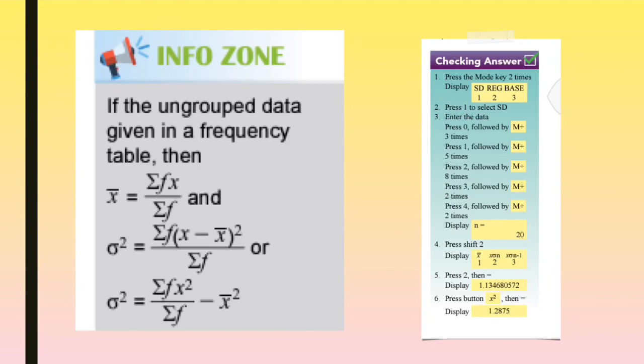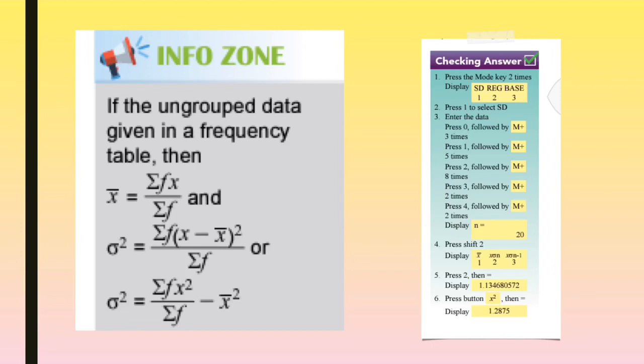Okay, when we have the data given in a table form with a frequency, we use these three formulas. The first one is finding the mean: sum of the fx over sum of the f. After you find the mean, if you want to use the first variance formula, which is longer, that is sum of frequency times (the data minus the mean) square over sum of the frequency.